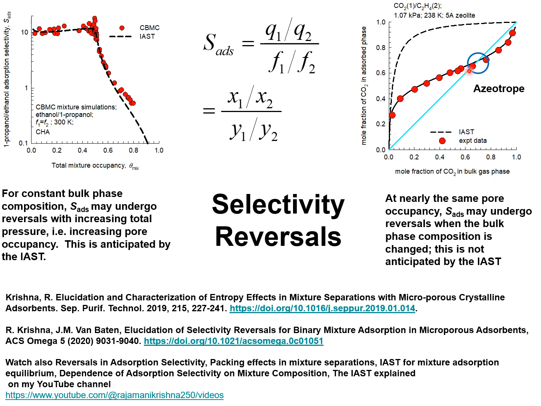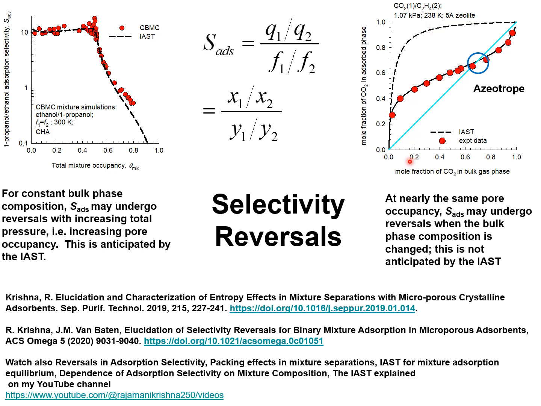The red circles are the experimental data that is described in my ACS Omega paper. Here, the total occupancy is maintained nearly constant by maintaining the total pressure at 1.07 kilopascals and at a temperature of 238 Kelvin.